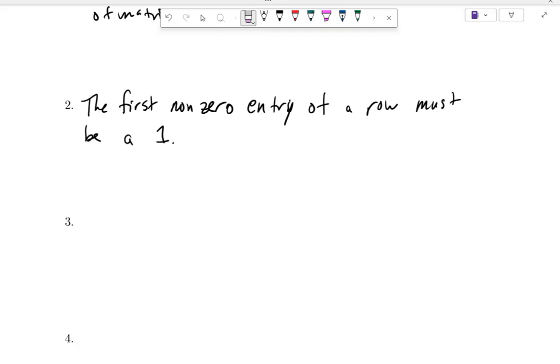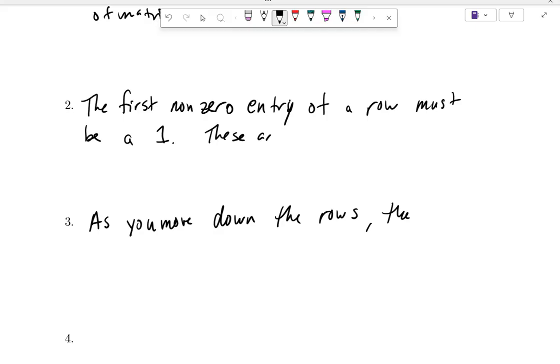Now let me just write it this way. As you move down the rows, we refer to these, by the way, I should mention this, as leading ones, or pivots.